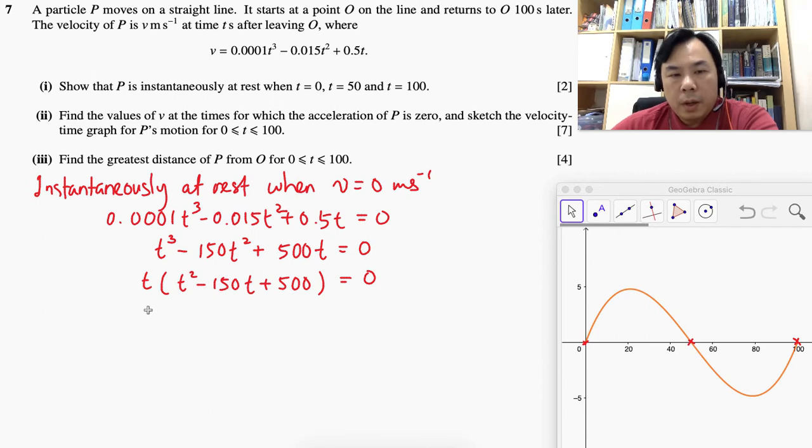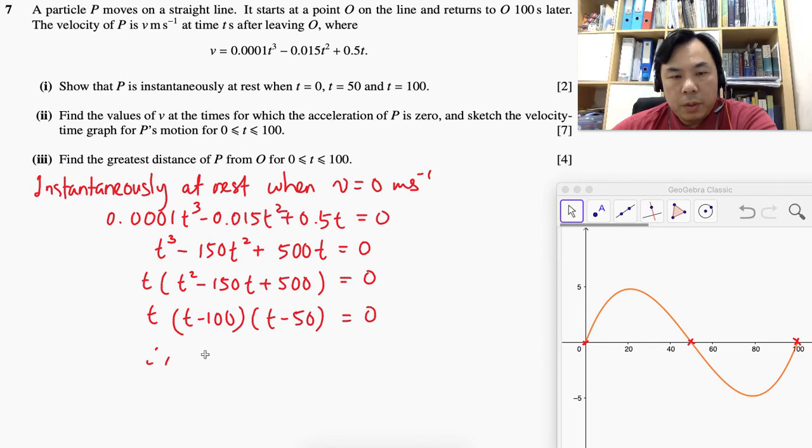And then we can further factorize that one more time in this case. So we can do that by 500, t minus 100, and then t minus 50 there. So therefore we'll get 150 there.